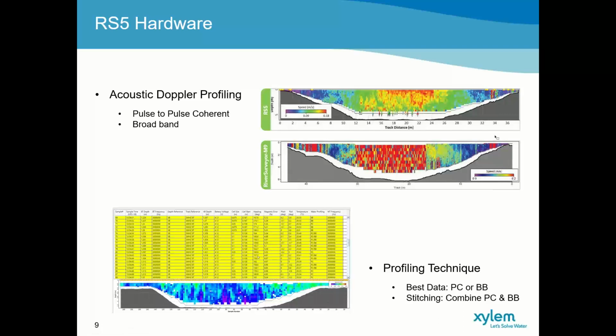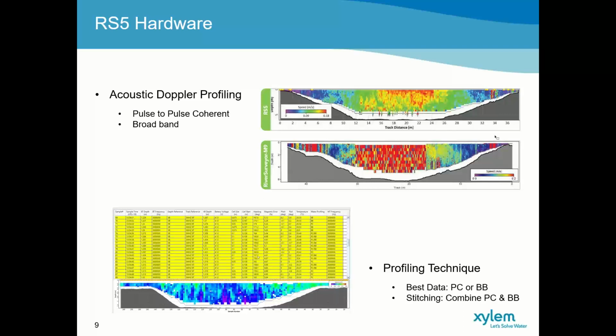So basically the system will collect both data sets at the same time and then select the best data, either from PC or broadband, per sample. There's also another unique feature built into the system called stitching, where the instrument will combine cells that were measured using PC, pulse coherent, and cells that were measured using broadband.